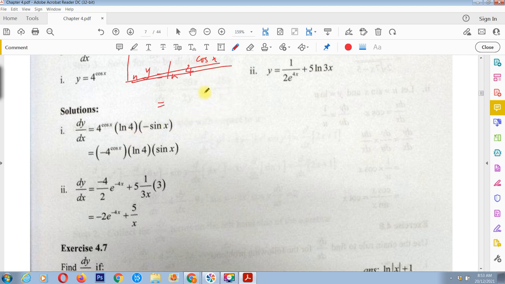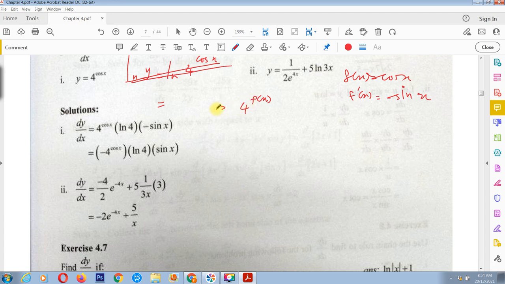What should we do? Okay, so we have 4^(f(x)). What is f(x)? f(x) equals cos x. f prime x equals negative sine x.